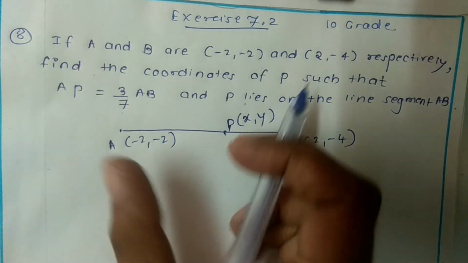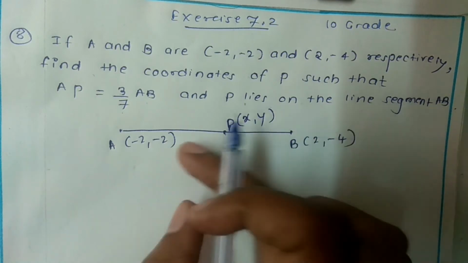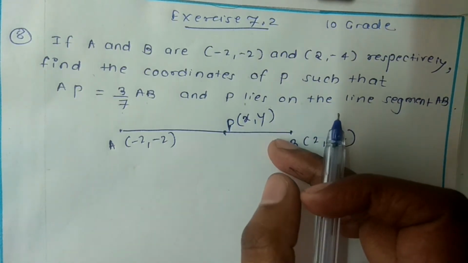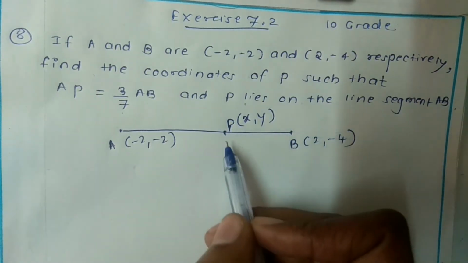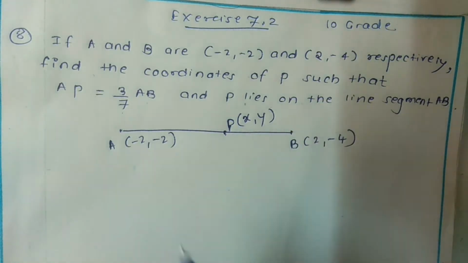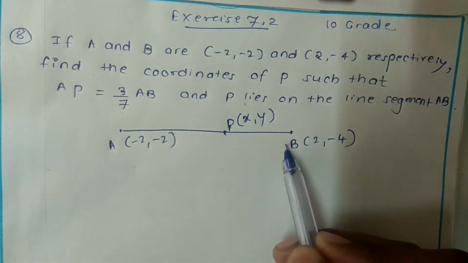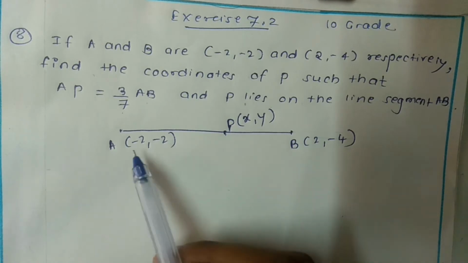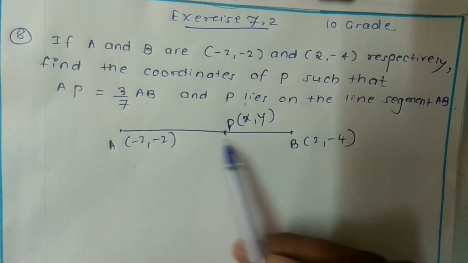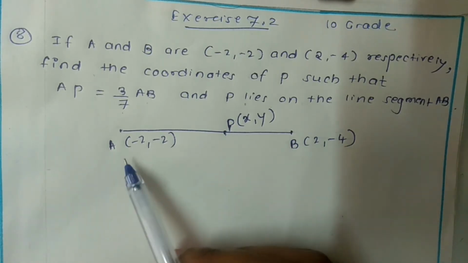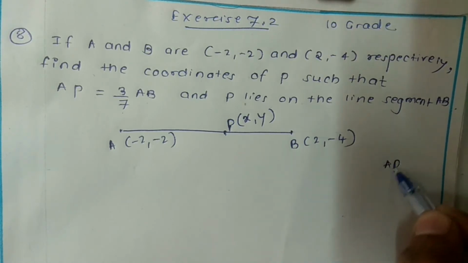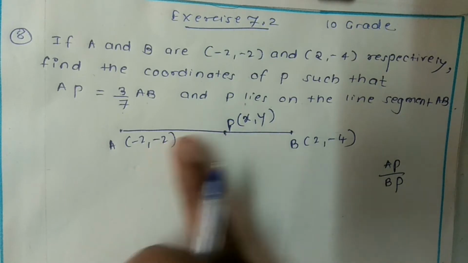These two distances will give you the ratio, because P divides AB into two parts, AP and BP. So we should find AP divided by BP, and that will give you the ratio of the point of division.